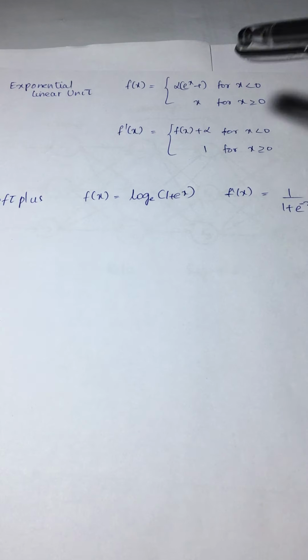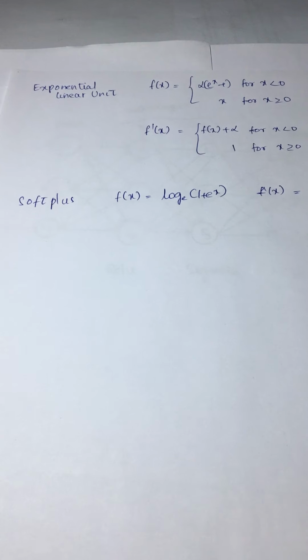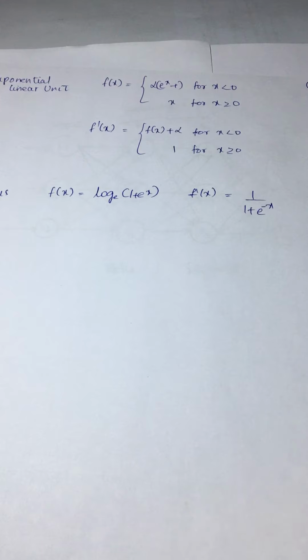That is your ELU. This is the derivative. Next is something called softplus. Not to be confused with softmax. Softmax is not an activation function. That's basically at the end, where you finally use it to get your output probabilities whenever you're trying to do a multi-class classification, right? So this is softplus.